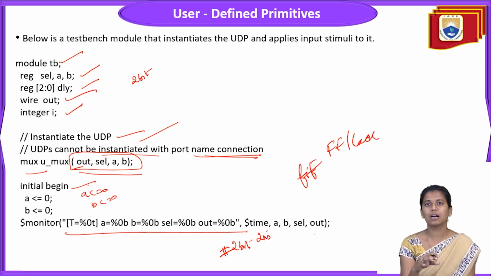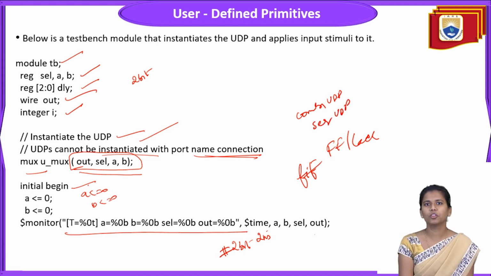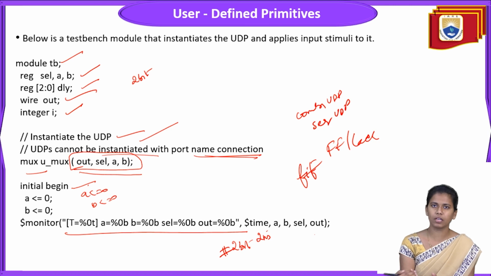We also discussed how much delay you are considering and how to display the delay and the output in the display unit, and the behavioral modeling, that is the combinational UDPs and sequential UDPs. So this is about user-defined primitives. In the coming classes, we will get to know about sequential user-defined primitives as well. Thank you.